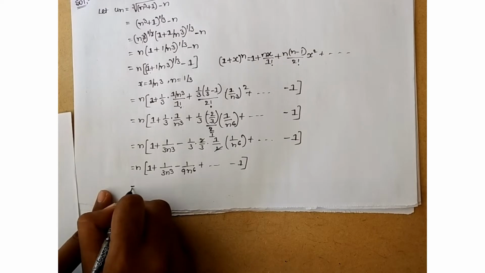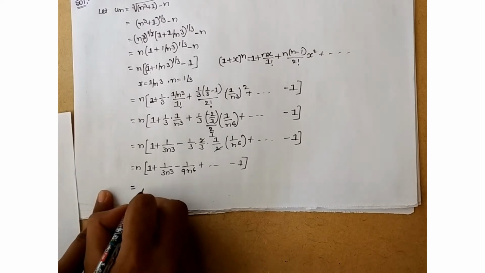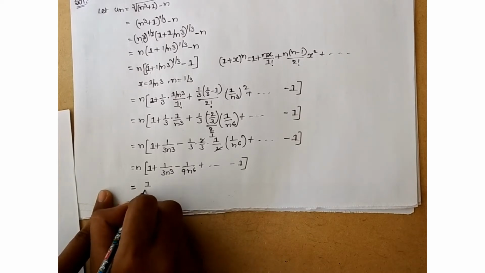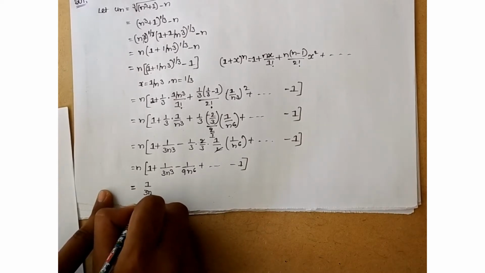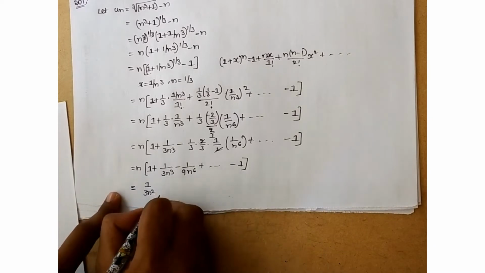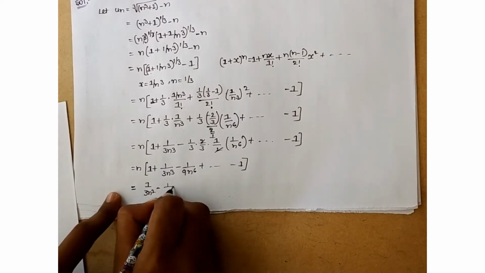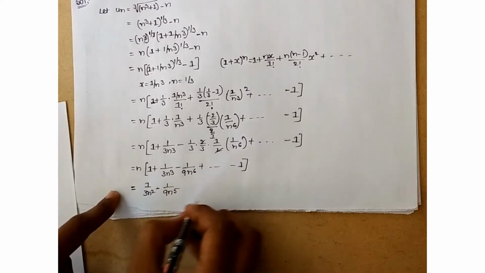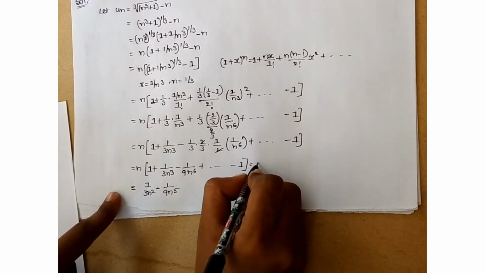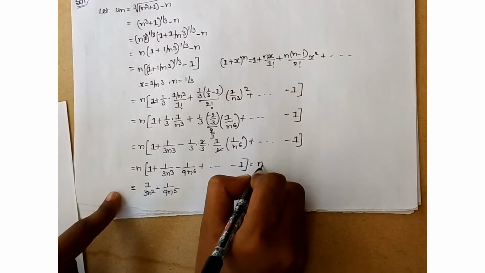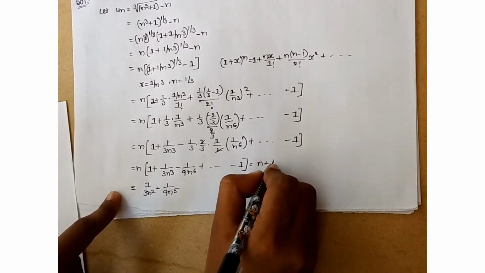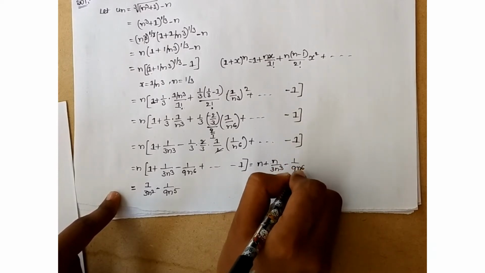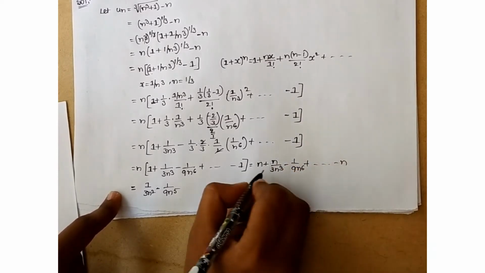Finally we get 1 by 3n square minus 1 by 9n power 5. Taking n inside: n into (1 by 3n cube minus 1 by 9n power 6 plus and so on) up to minus n.